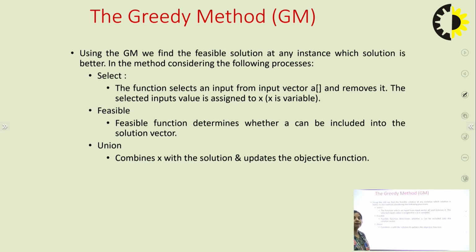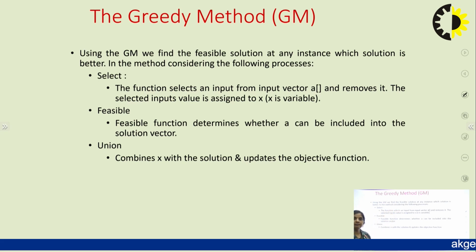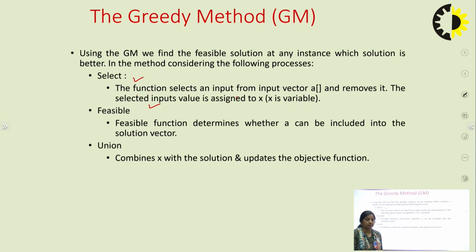What is the method? When we use the greedy method, we find the solution at any instance, whichever solution is better. Firstly, we select. The function selects an input from the input vector and removes it. The selected input is assigned to X. So firstly, we do the selection among local possibilities. We are talking about a locally optimal solution.